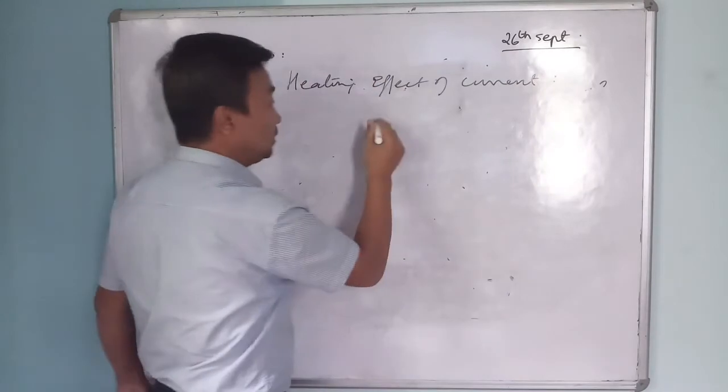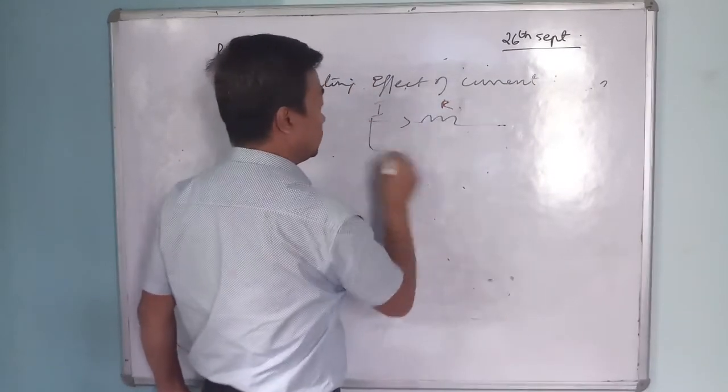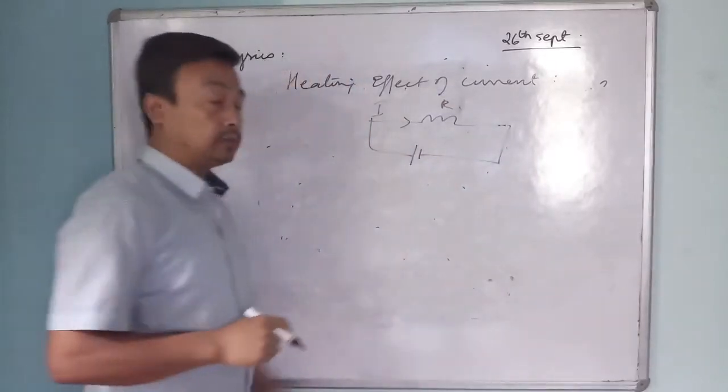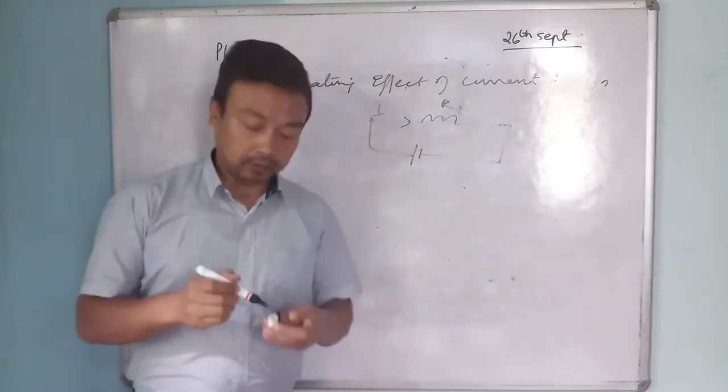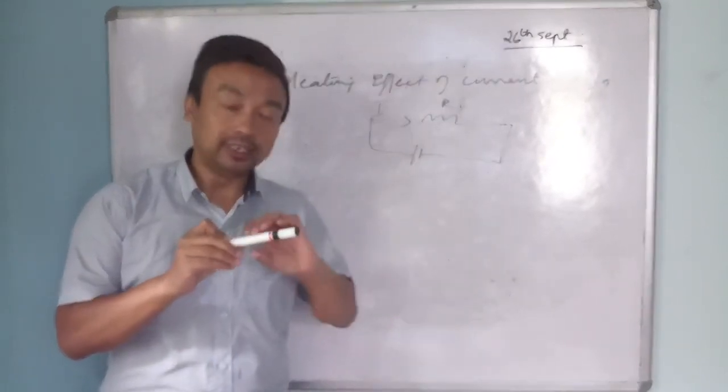Whenever a current is flowing through a coil connected to a source, it will also produce heat. There will be a heating effect.